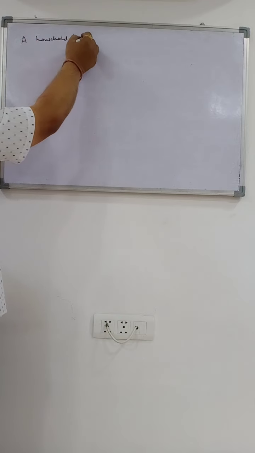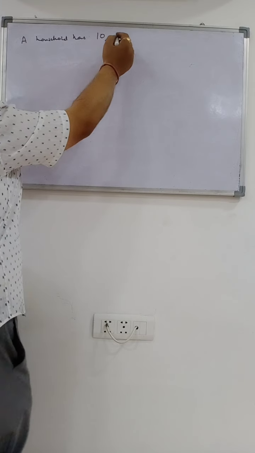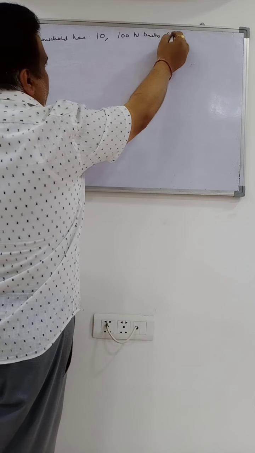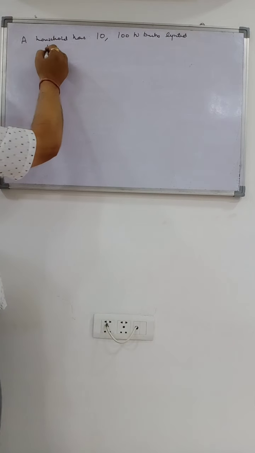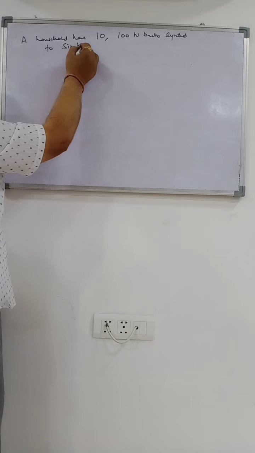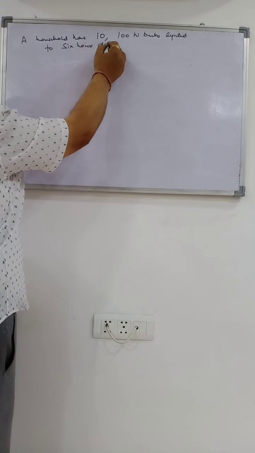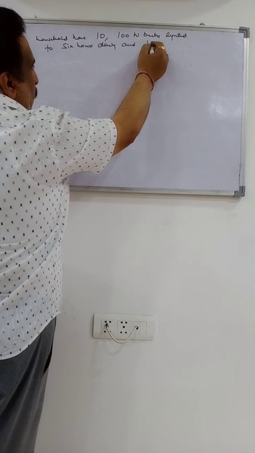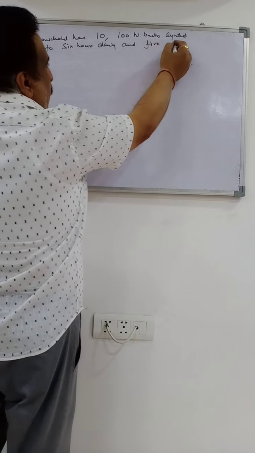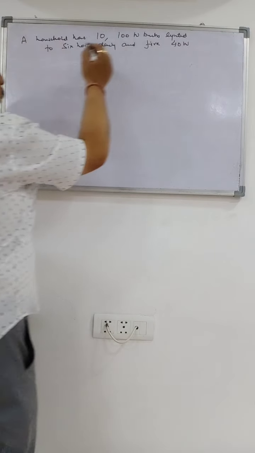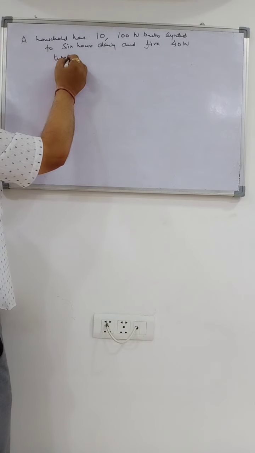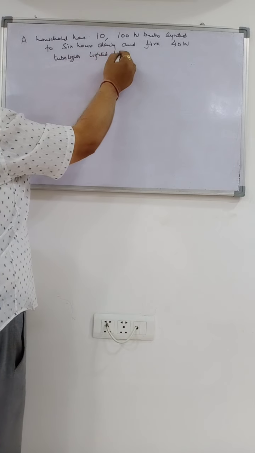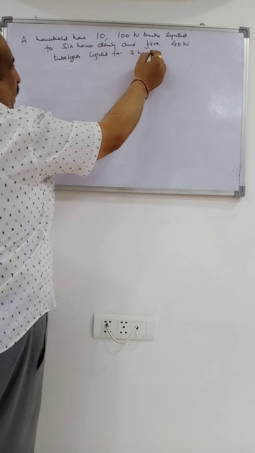A household has 10 100-watt bulbs lighted for 6 hours daily and 5 40-watt tube lights lighted for 5 hours daily.